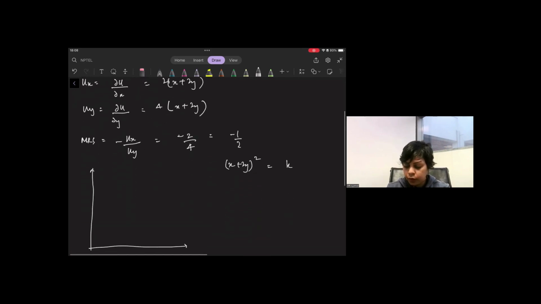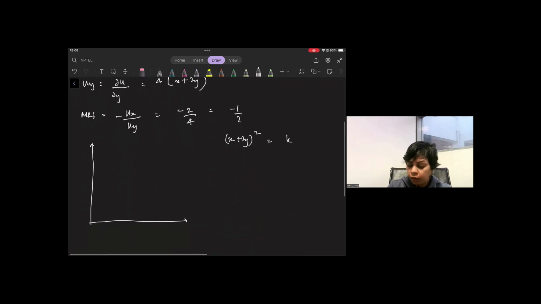So it becomes (x plus 2y) whole square is equal to k, or you can say k square, the same thing, because we're taking all positive quantities. So k is some positive number, not necessarily an integer.